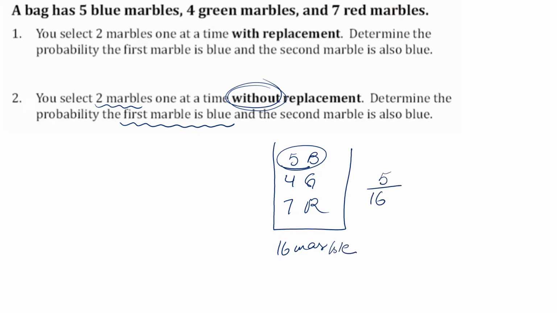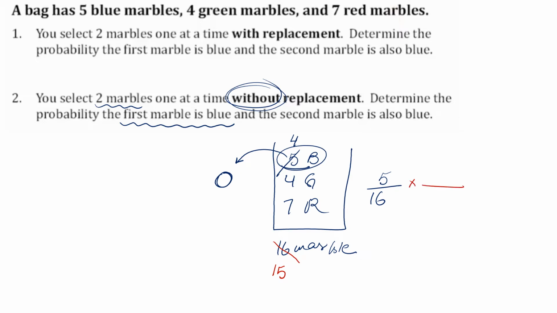Now you draw it and put that marble on one side. Do not replace it. When you do not replace it, how many blues are left? 4 blues are left. And in total, how many marbles are left? In total, there are 15 marbles now in the bag in situation number 2.